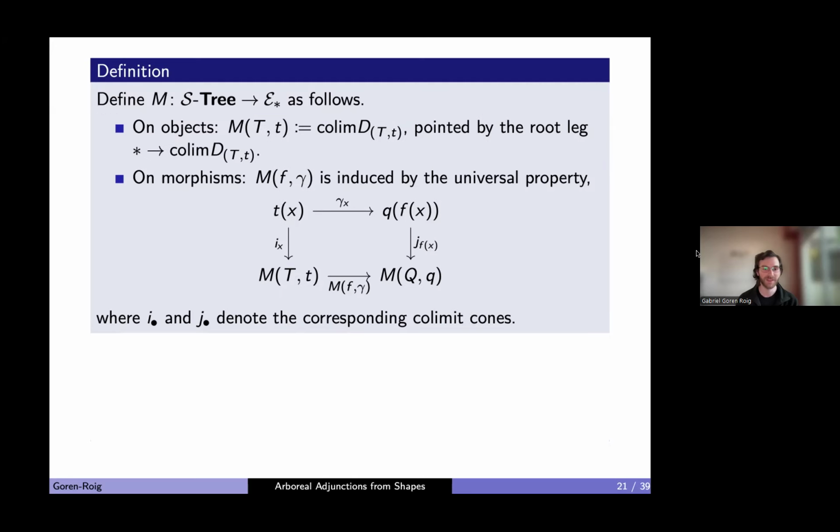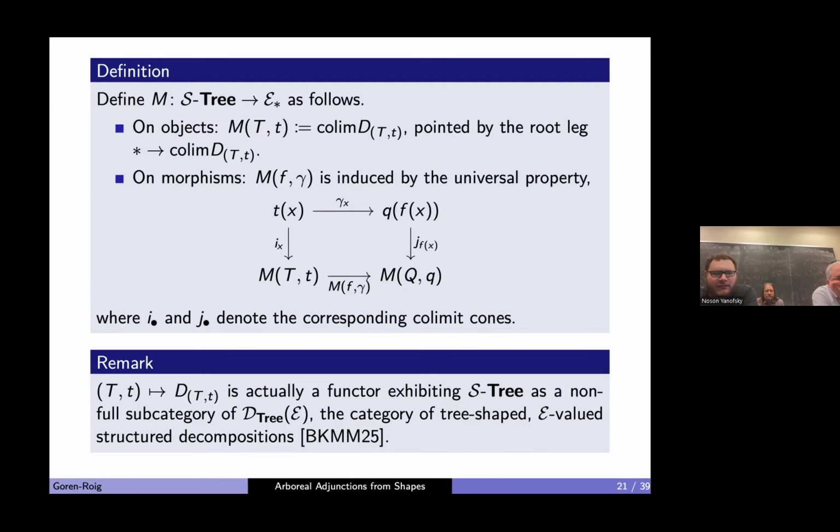Hopefully that made sense. And then on morphisms, it's basically a co-limit, right? So it just works as it's induced by the universal property of co-limits, but we don't need to be more specific right now with this.